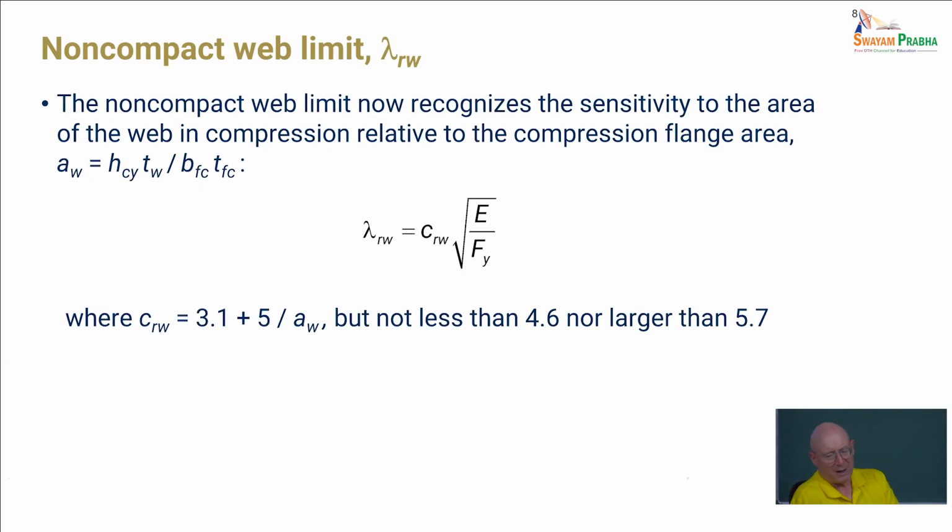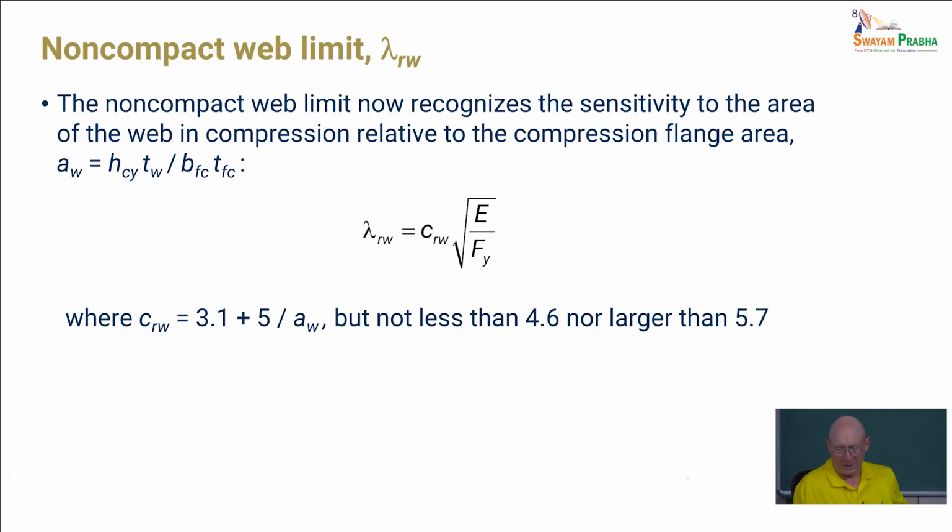And for the non-compact limit, Dr. Lakshmi Priya basically discovered in her research that there was sensitivity, in terms of what we should use for that limit, to the ratio of the area in compression in the web to the area of the compression flange. Now, the non-compact web limit is basically what we need for the web to be able to get to the yield moment of the cross section.